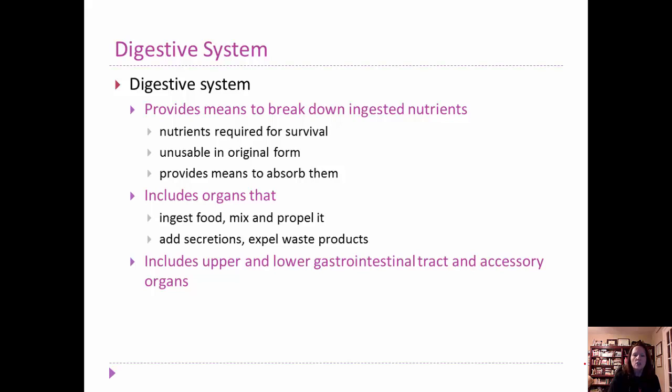So the way that the chapter is set up is it's broken down into the upper and lower gastrointestinal tract. So that is section 2 and section 3. And then later on, we're going to take a look and see how these nutrients specifically are absorbed and where they go after that and their uses.